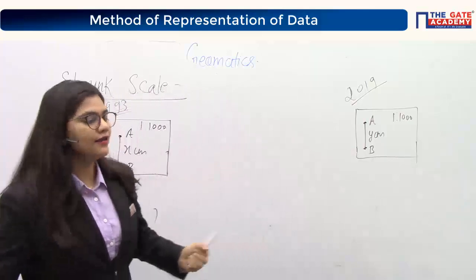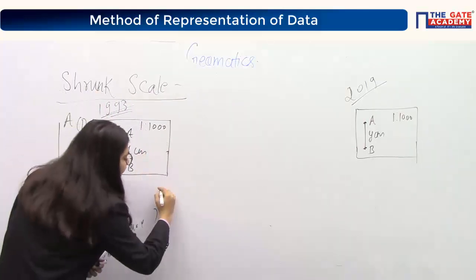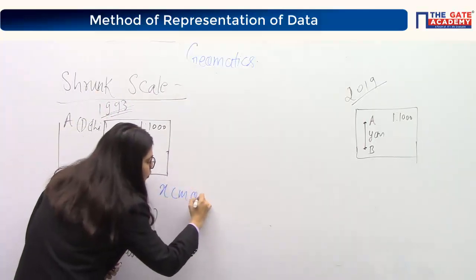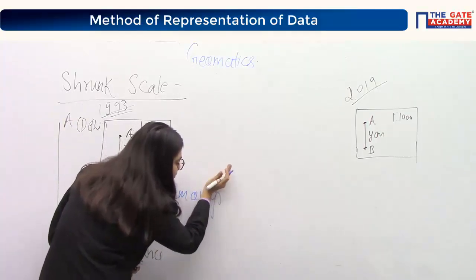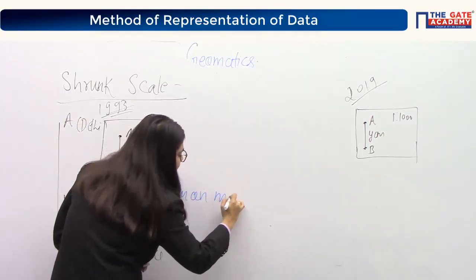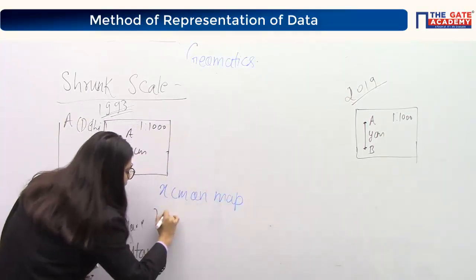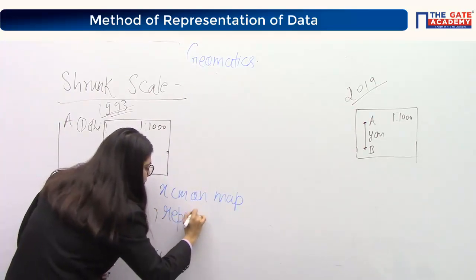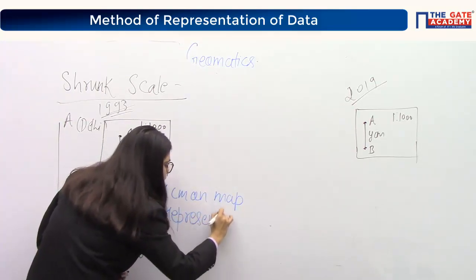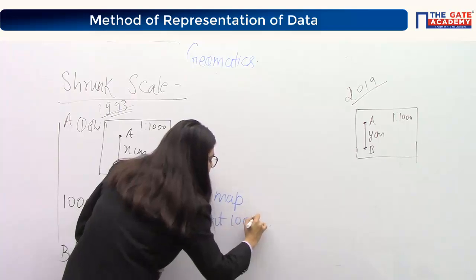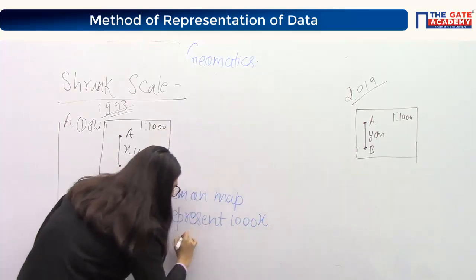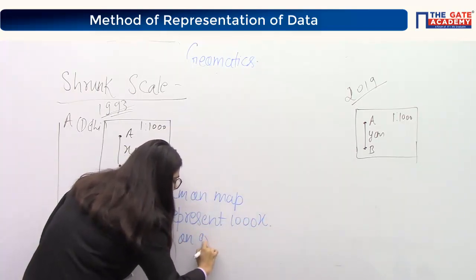So if I write here, x centimeter on map represents 1000x on ground.